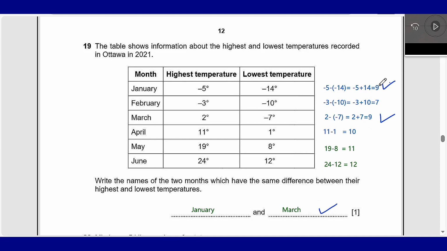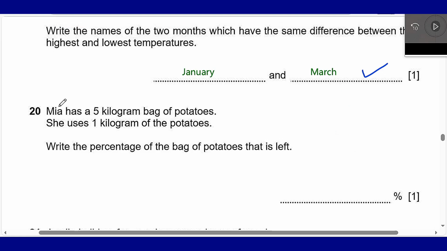Let's move on. So now number 20. Mia has a 5 kilogram bag of potatoes. She uses 1 kilogram of the potatoes. Write the percentage of the bag of potatoes that is left. Alright, let's check out the answer after the timer. I believe you can do that. Okay, the answer for this is 80%.